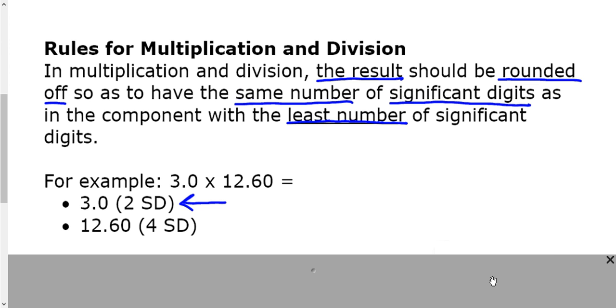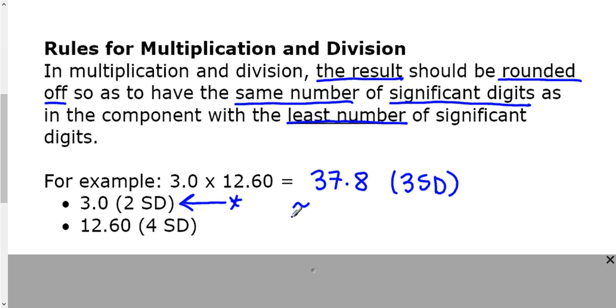So hopefully you've had a chance to do this calculation and round, so let's check together. 3 times 12.6 will give you 37.8. When we look at our answer here, it has 1, 2, 3 significant digits. But when we round our answer now, it can't stay as 3. We have to round it to the fewest number of significant digits, which means 2 because 3.0 is only 2.